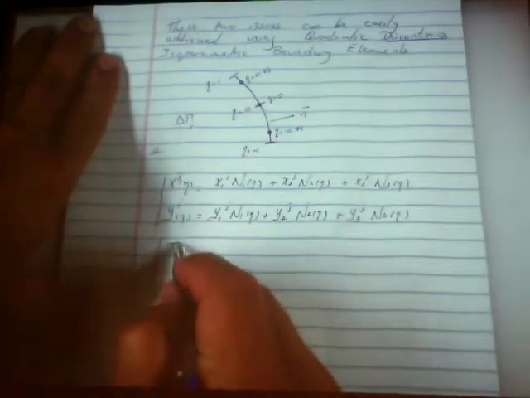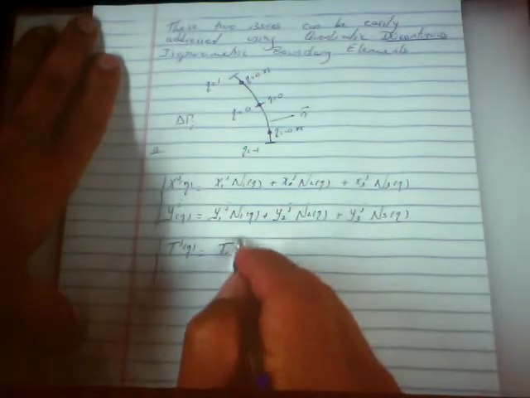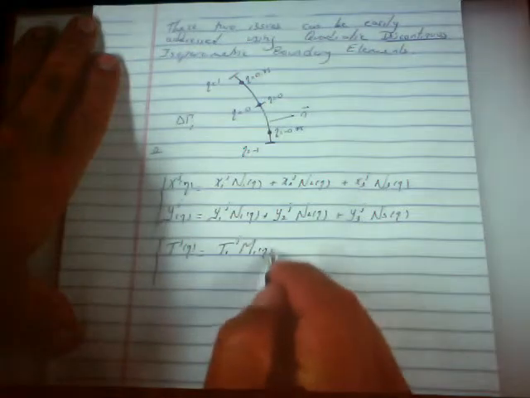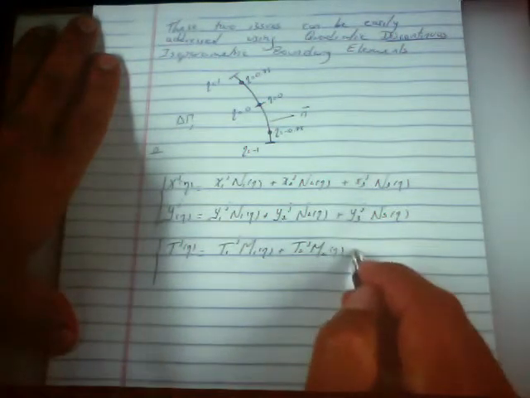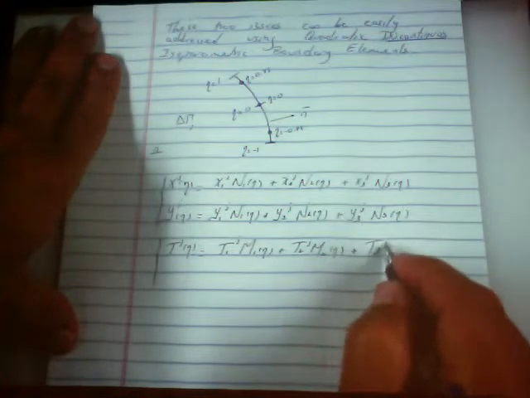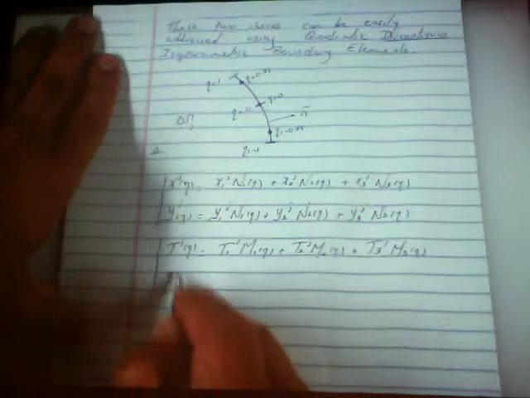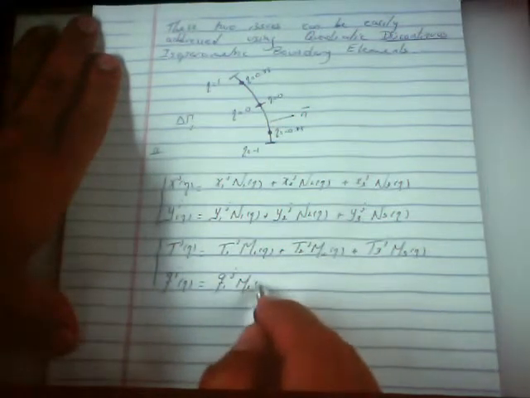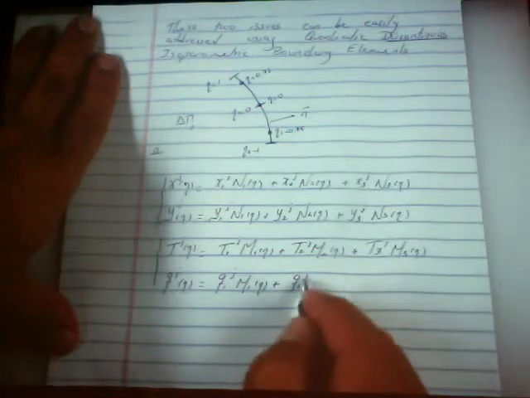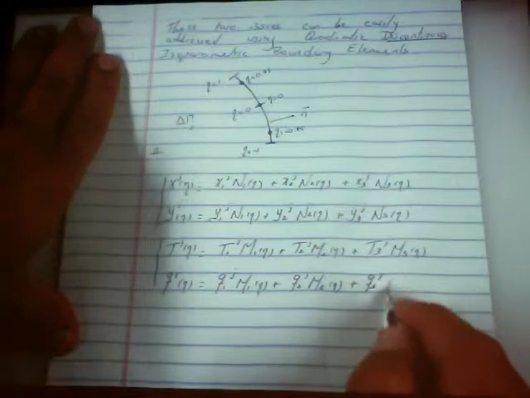But the temperature, now you're going to say, is T1j M1 eta plus T2j M2 eta plus T3j M3 eta. Same for the flux: Q1j M1 eta, Q2j M2 eta, Q3j M3 eta.